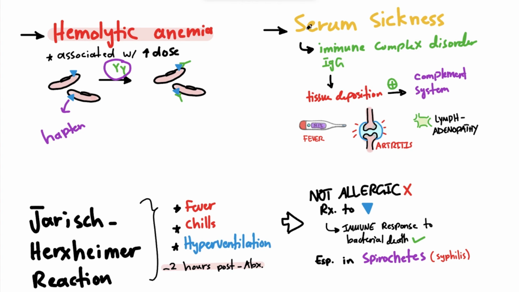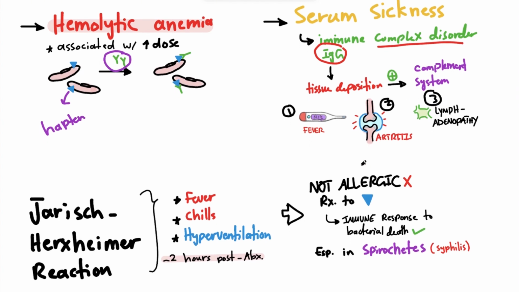In serum sickness, we have an immune complex disorder in which we have IgG deposits in tissues. When this happens, we have a complement system activation. And then patients would present with symptoms including fever, arthritis, and lymphadenopathy.